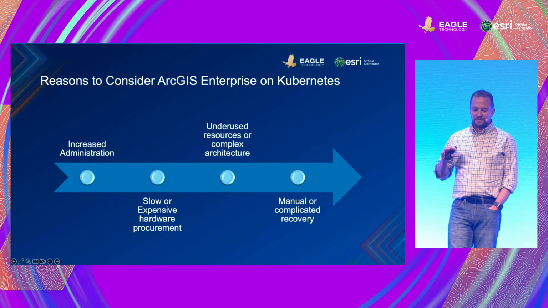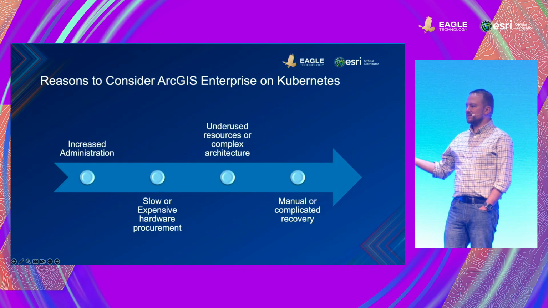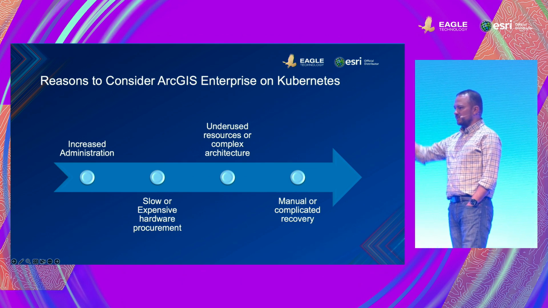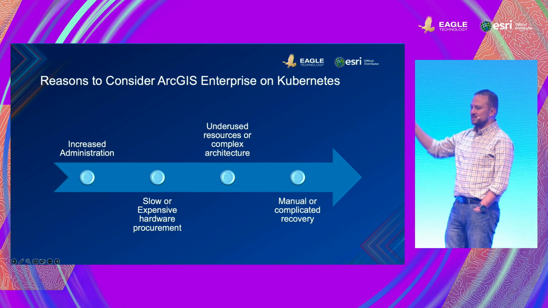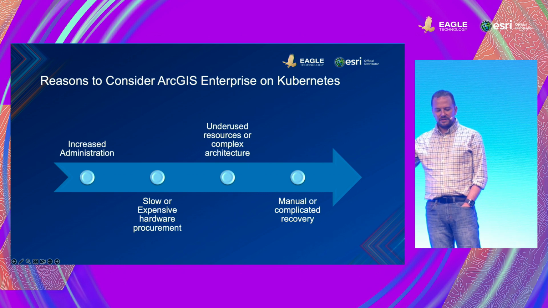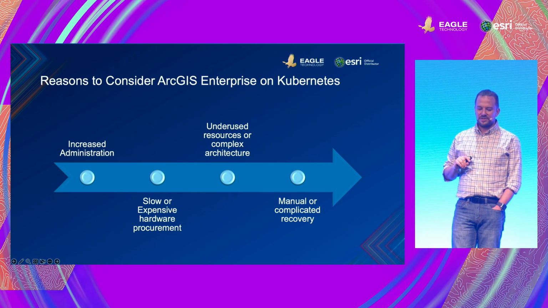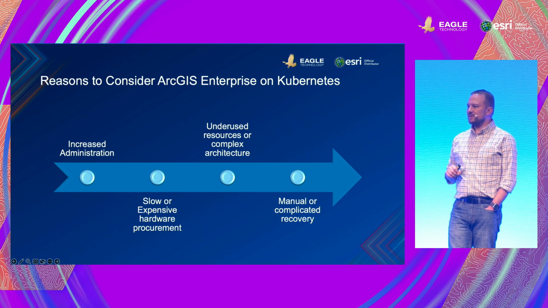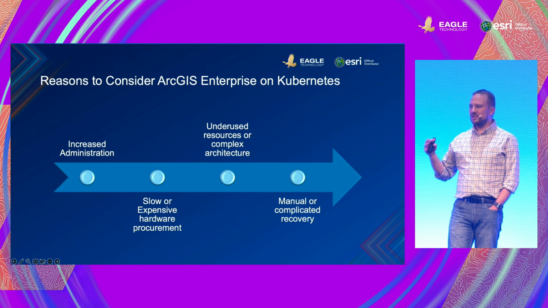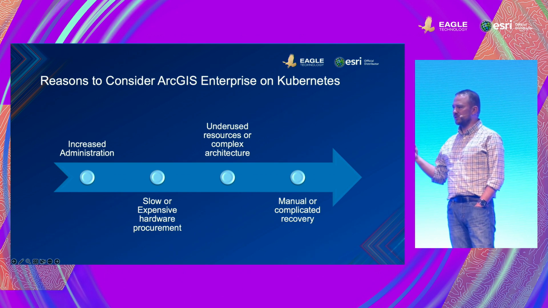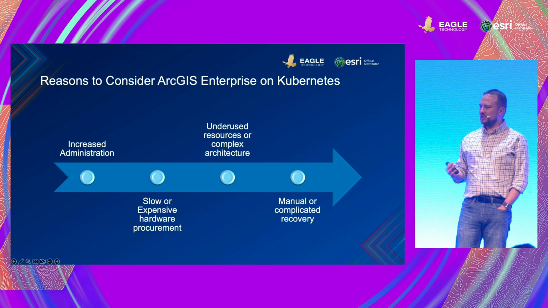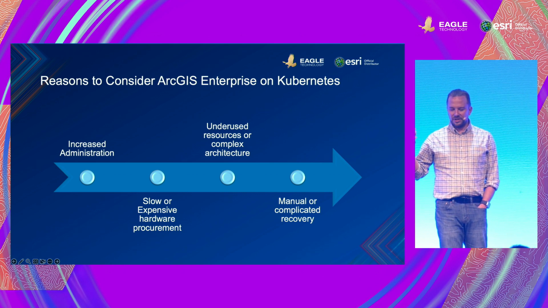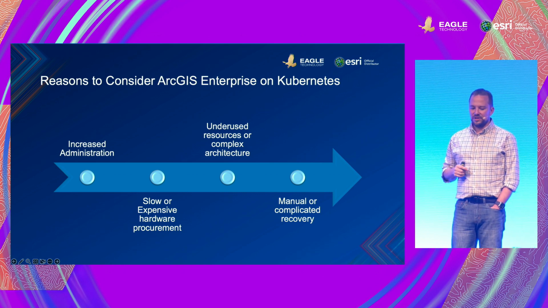So if that resonates with you, well, I have those problems, I want to figure that out, then some of these other challenges may equally resonate. You've seen an increase in the amount of administrative work you have to do on the IT side. It's hard or difficult or slow for you to procure new infrastructure, new hardware, whether that's literally on premises or even if it's in a cloud environment.